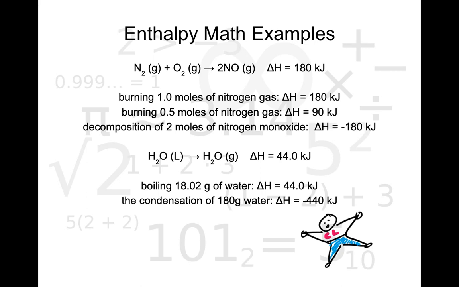If I take steam and I change it into liquid water, notice that steam would release energy to the surroundings, and the steam cools down. Notice that 180 grams of water is 10 moles of water, and therefore the delta H for that process is 10 times the delta H, but negative because it's going in the opposite direction.